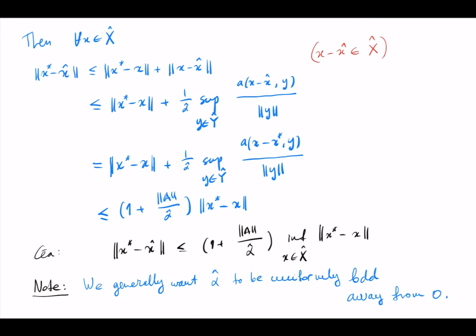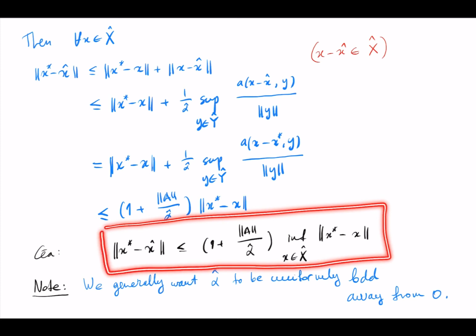Then at that point we can just use the boundedness of this bilinear form to have this inequality. So that gives us Céa's lemma for Petrov-Galerkin methods.